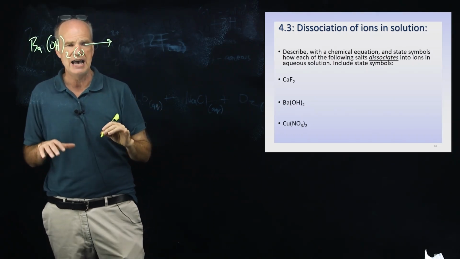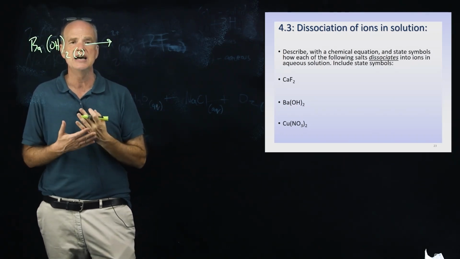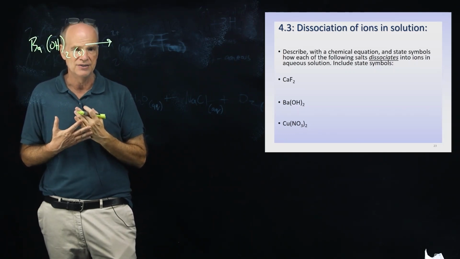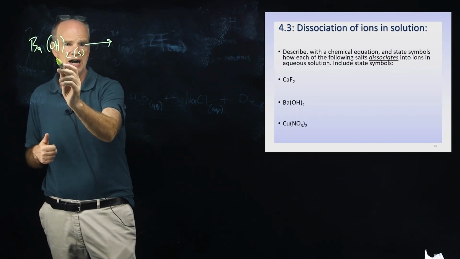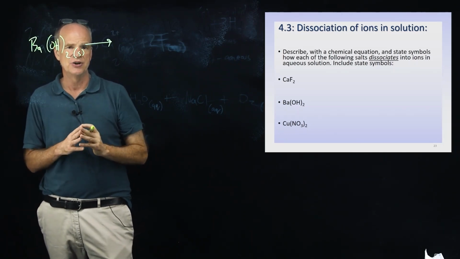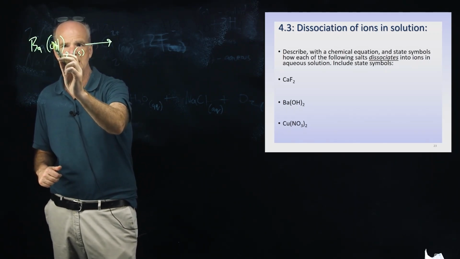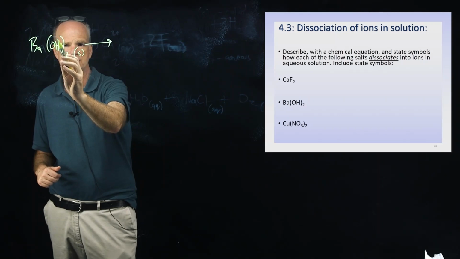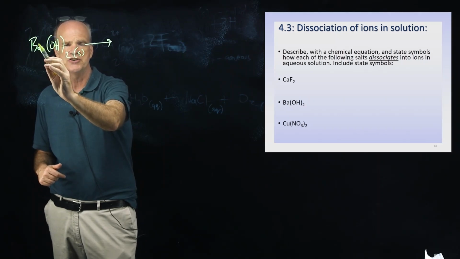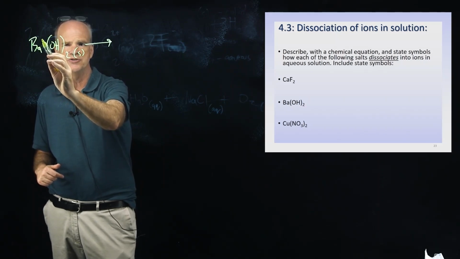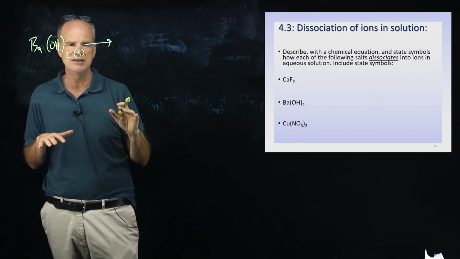And then when we add this salt to water, you get the barium ion dissociating from the two hydroxide ions. You have to remind yourself the reason why two hydroxides bind to barium, each hydroxide with a single negative charge, is because a single barium ion has a 2+ charge.